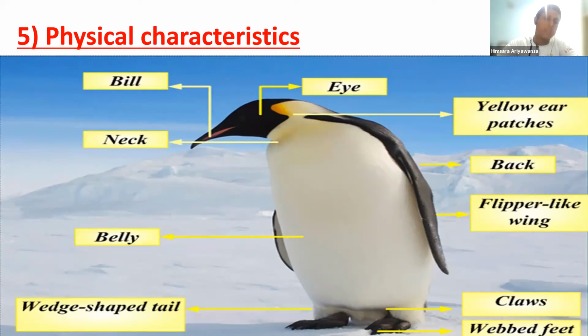That is also like that. According to the species or the type, the shape of the bill or the beak can change. They use this bill mainly to capture food as well as to be protected from predators. They capture food such as fish, squid, and crustaceans using their bill.